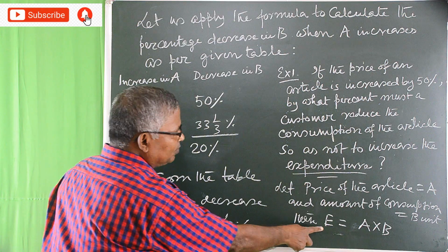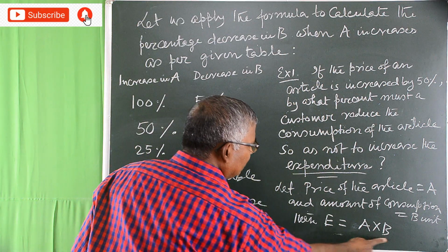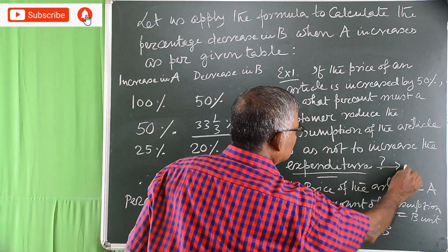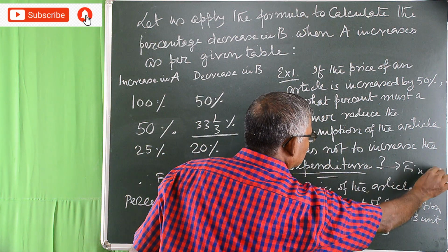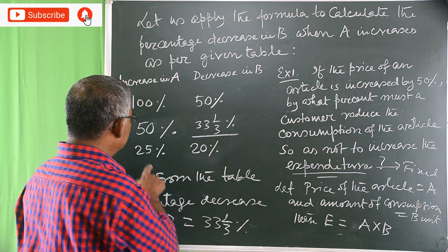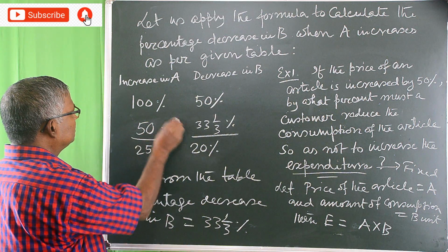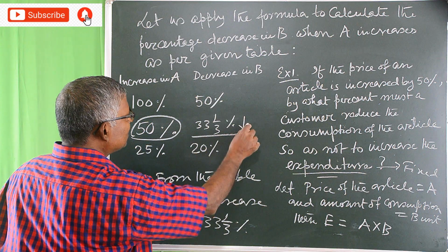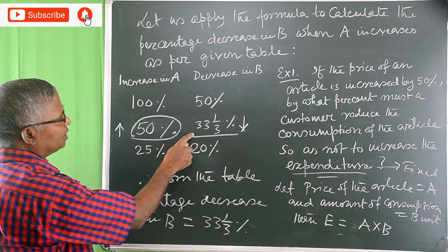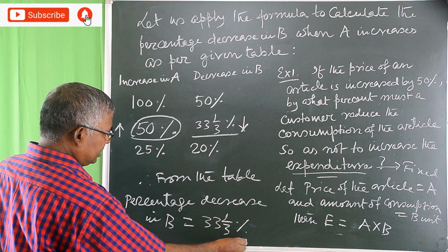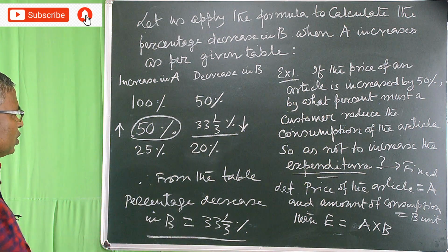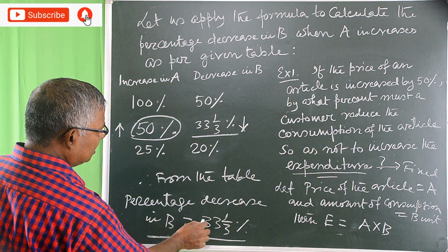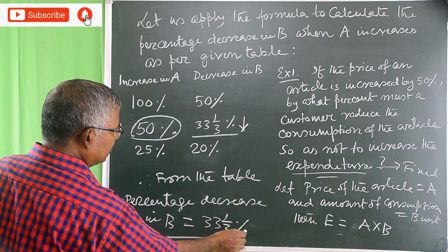Total expenditure of the customer is A into B, and given that the expenditure is fixed, so when A is increased by 50%, the amount of consumption must be decreased by 33 whole 1 by 3%. Therefore, percentage decrease in B equal to 33 whole 1 by 3%.